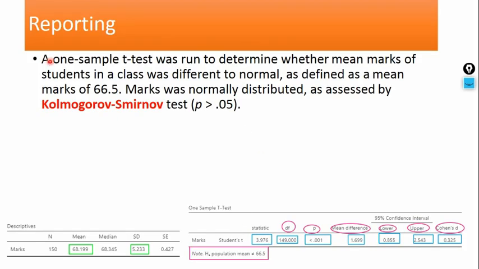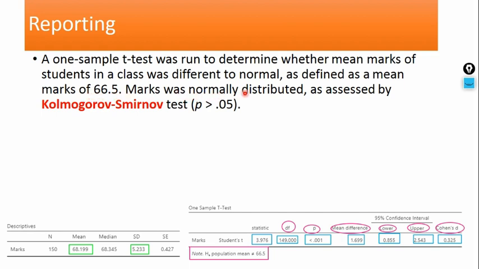Now it is reporting time. How will we report in a research paper or in our thesis? These are the two main outputs, the one sample t-test and the descriptive statistics. By taking values from these, I will show you how to report. One sample t-test was run to determine whether the mean marks of students in a class was different from normal. The hypothesized mean was 66.5.